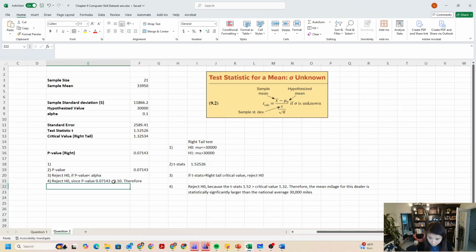Therefore, the mean mileage for this dealer is statistically significantly larger than the national average 30,000 miles. Okay, so here they go.